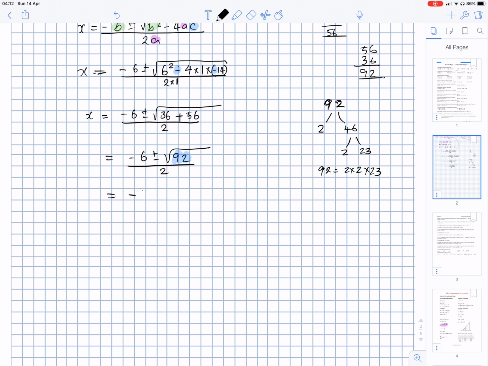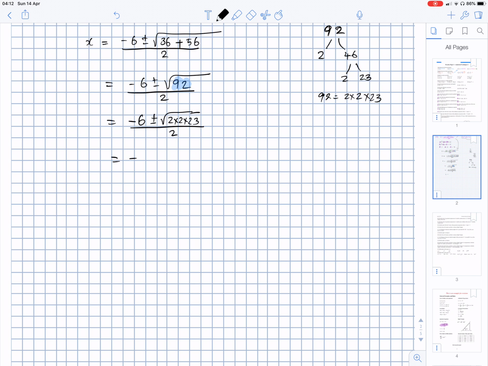So you come down here and put minus 6 plus or minus square root of 2 times 2 times 23 divided by 2. Now, this 2 times 2, if you take it out of the square root, becomes a 2, because basically that is a 4, and square root of 4 is 2. So x becomes minus 6 plus or minus 2 root 23 divided by 2.